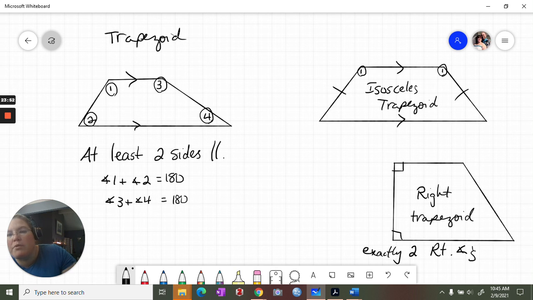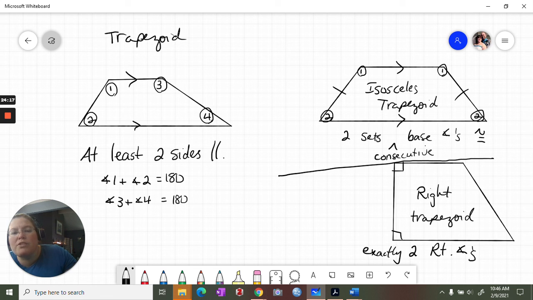Okay, so I'm going to call them both angle 1 and then angle 2. So we have 2 distinct pairs of base angles congruent, and the others are still supplementary. So 2 sets of base angles congruent. And I should add in the word consecutive. Okay, so we have 3 trapezoids to consider.